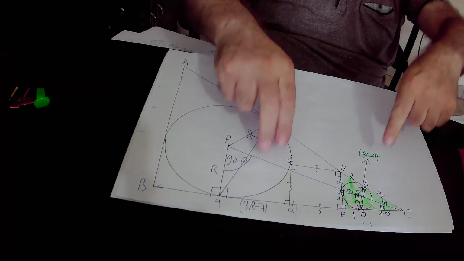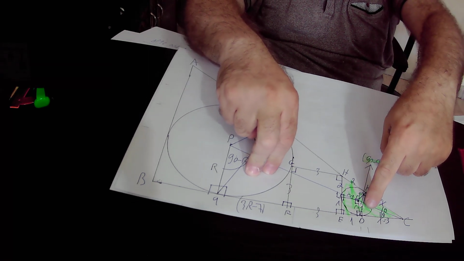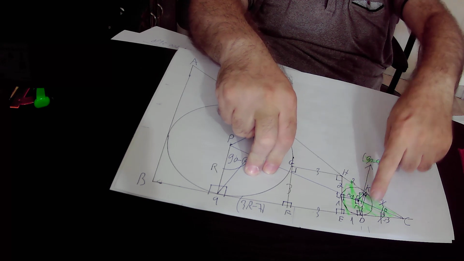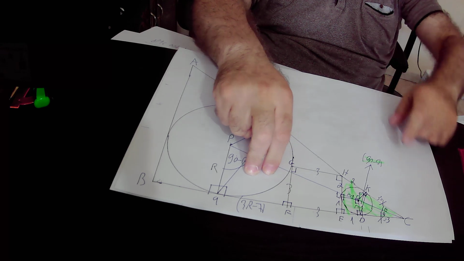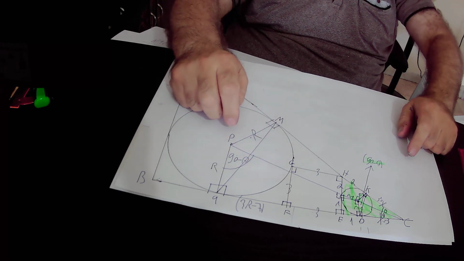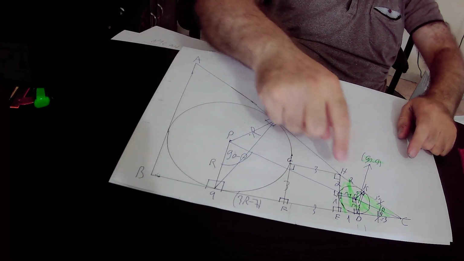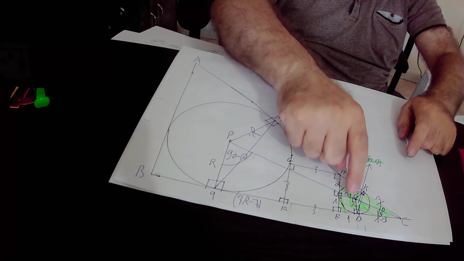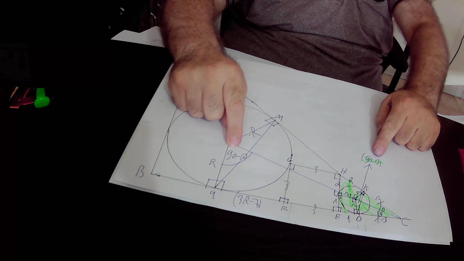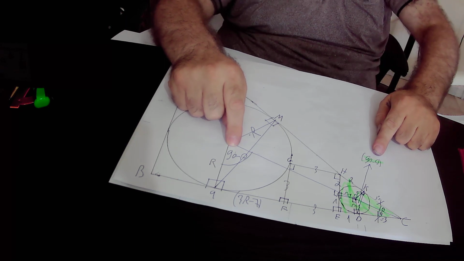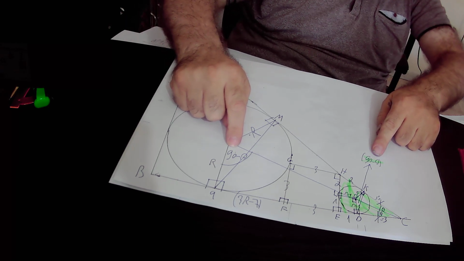Then we proved that those two right triangles are similar to each other according to the angle similarity rule. So, why is triangle PQC similar to triangle ODC? Because first of all, those two angles are both equal to 90 degrees minus theta, therefore they are equal to each other.